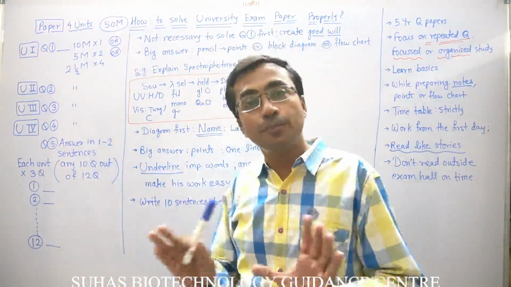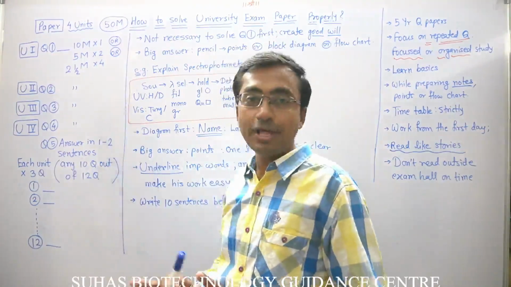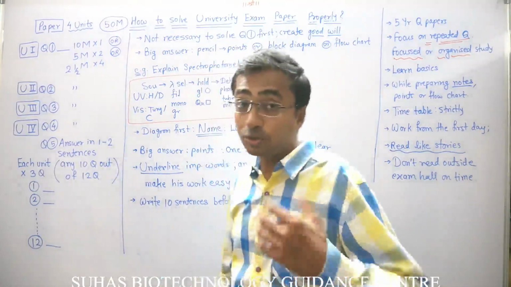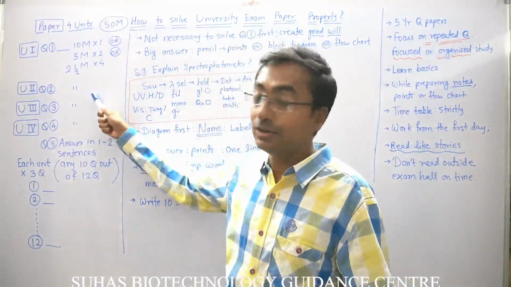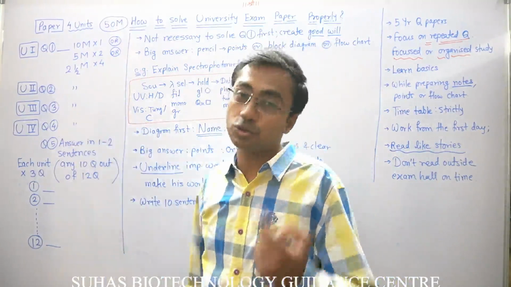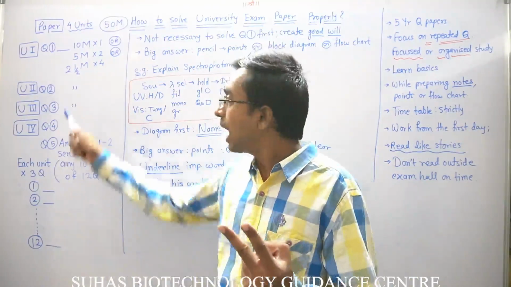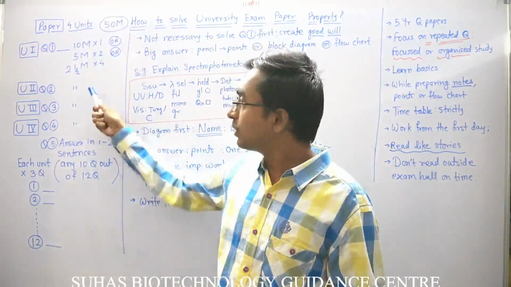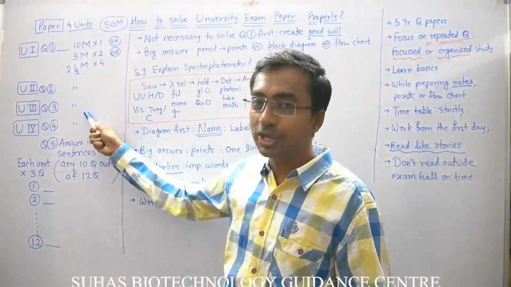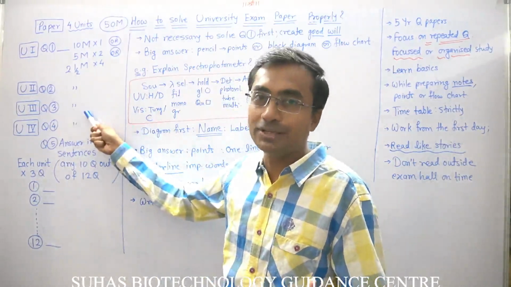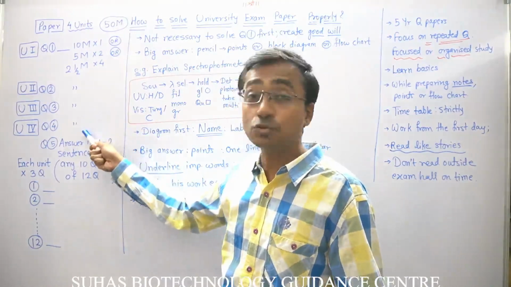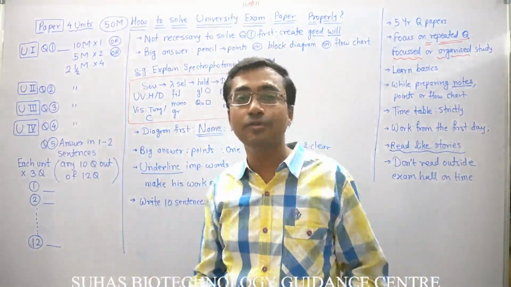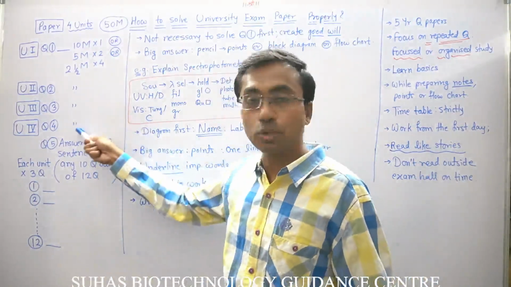Now suppose in question number 1 I have some problem, but in question number 2 I can write well. Then definitely I must go for question number 2 first. So I will select question number 2 and start explaining it. After solving that, I see that in question number 3 I again have a little problem writing the answer, but there is question number 4, and I can write that very well, so I will immediately jump to question number 4.